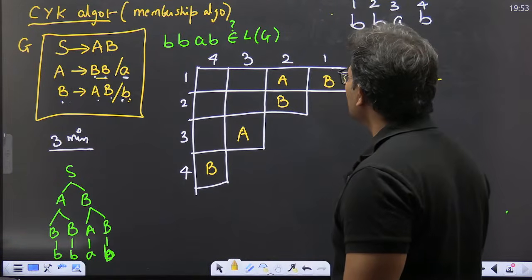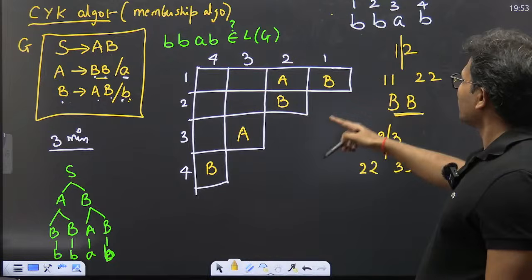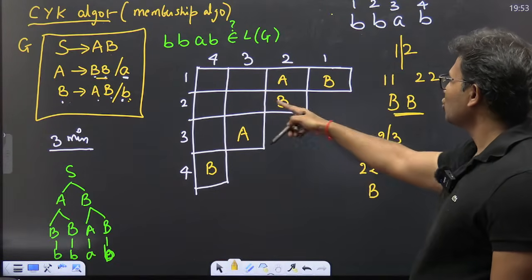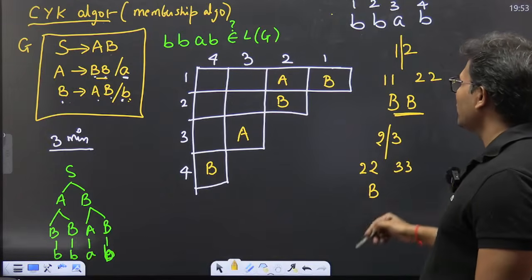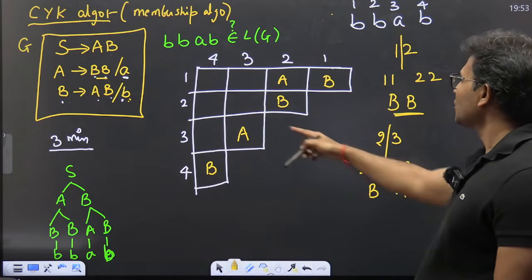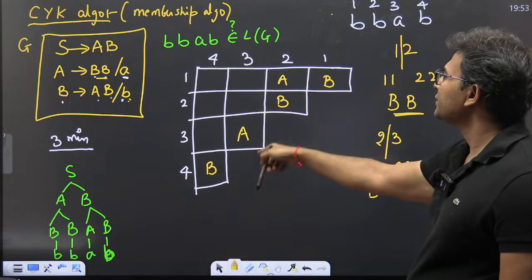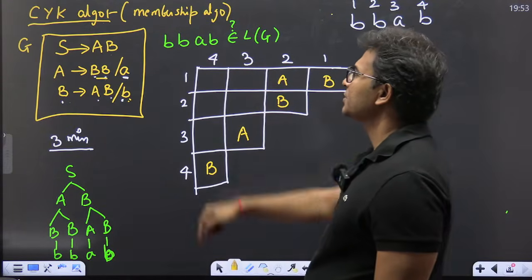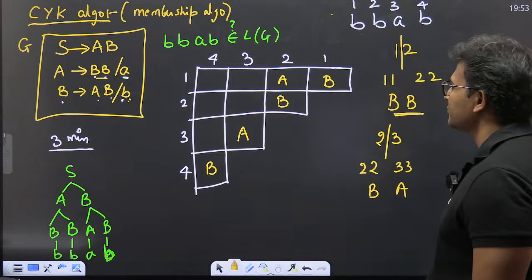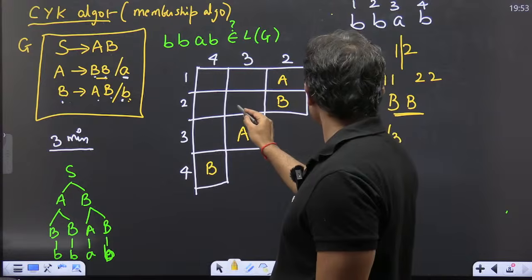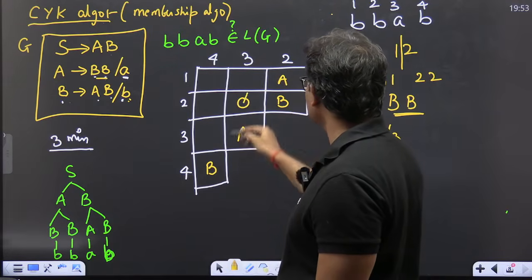Now what about 2 2? 2 2 is B. And what about 3 3? 3 3 is A. So BA. See if BA is present. BA is not present, right? Therefore, you are going to write 5 here. 2, 3 is 5.